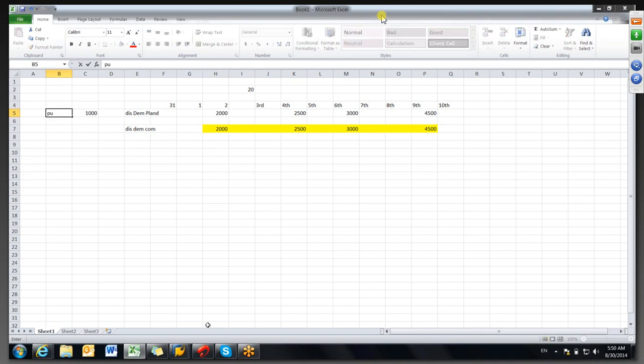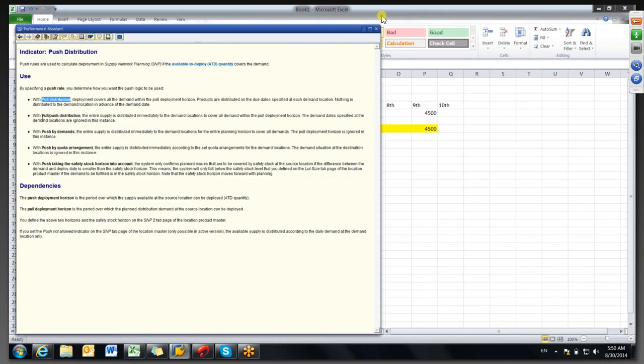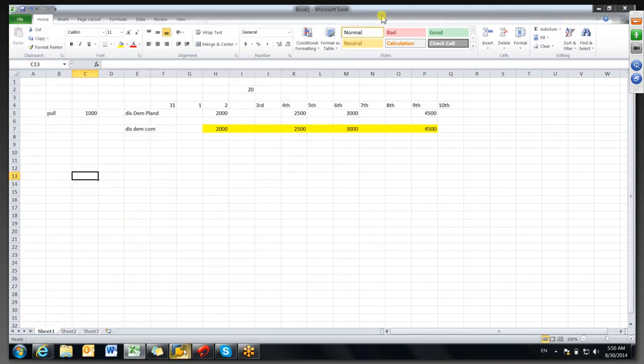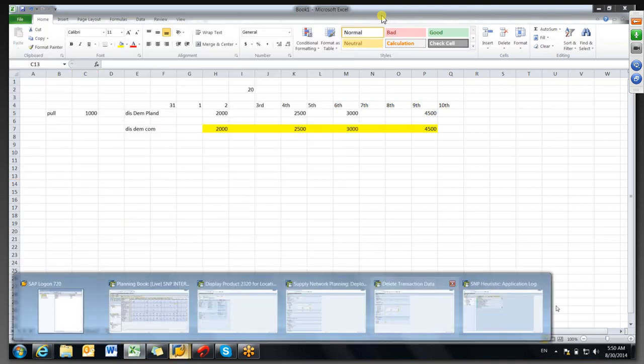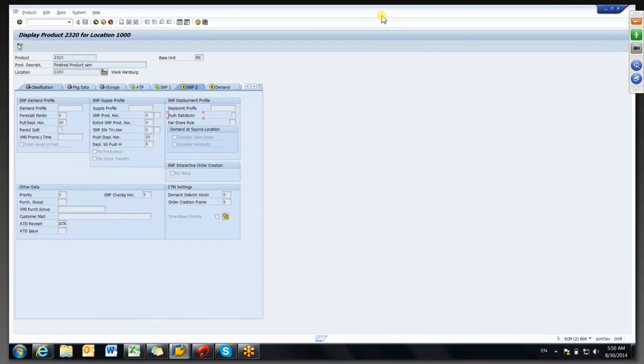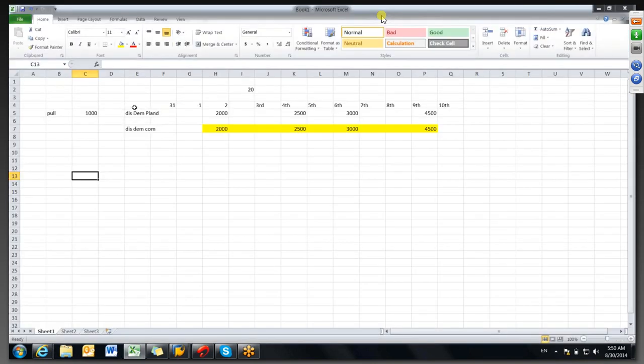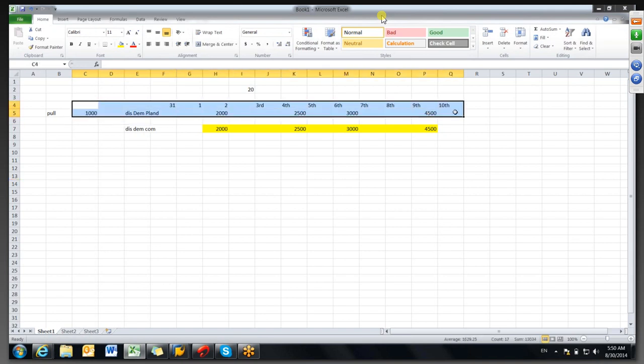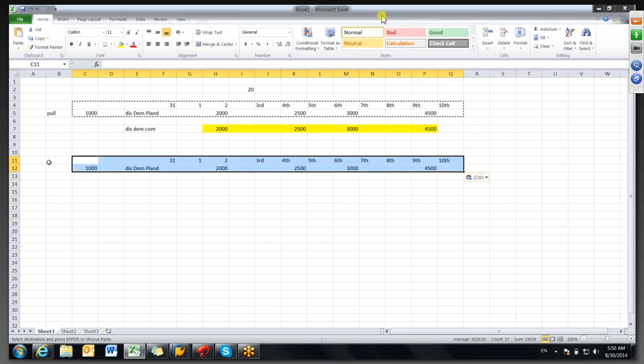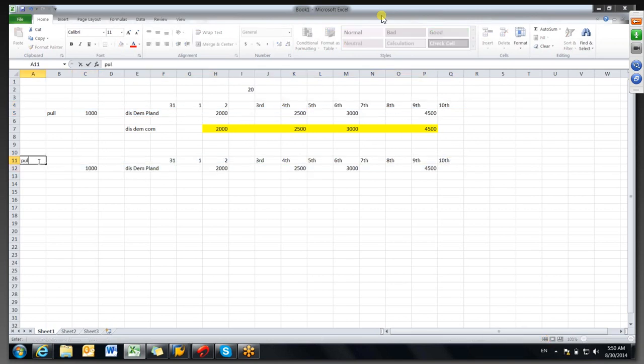Sorry, what is that one? First setting, distribution. So then if you maintain pull push, put the change mode here. Here, P. If you maintain P, same demand, this is pull push.